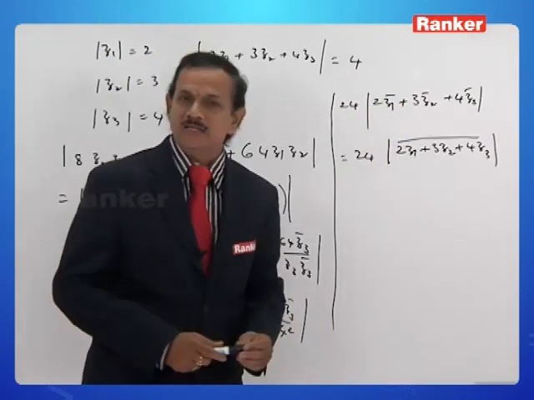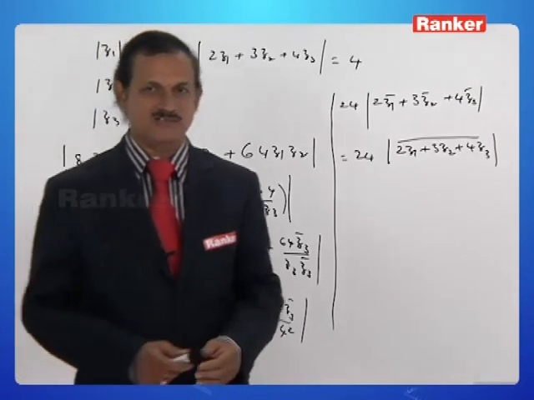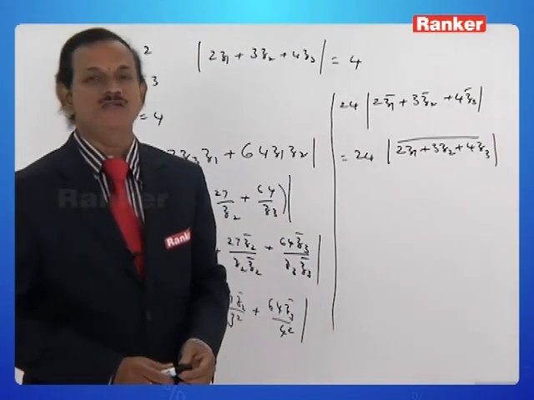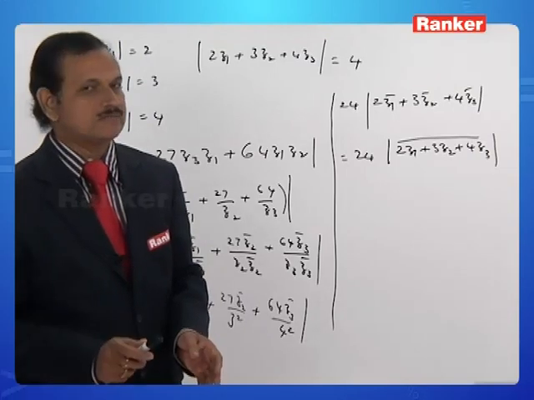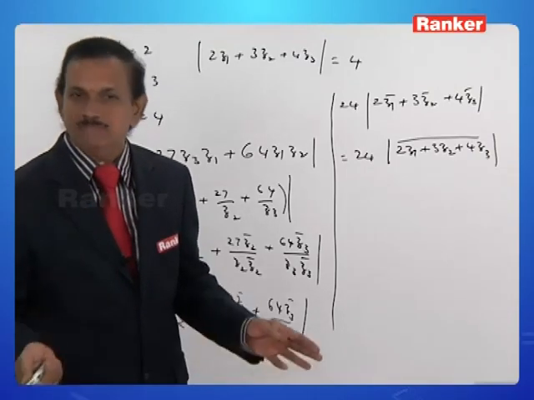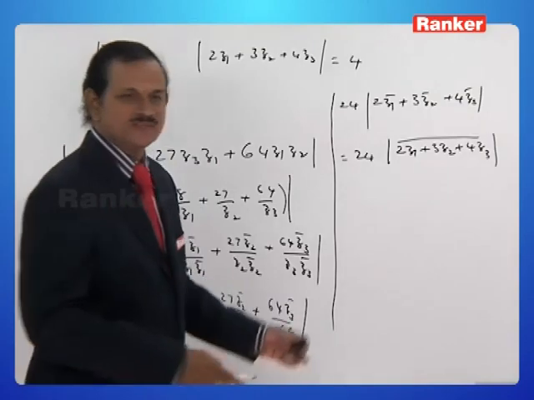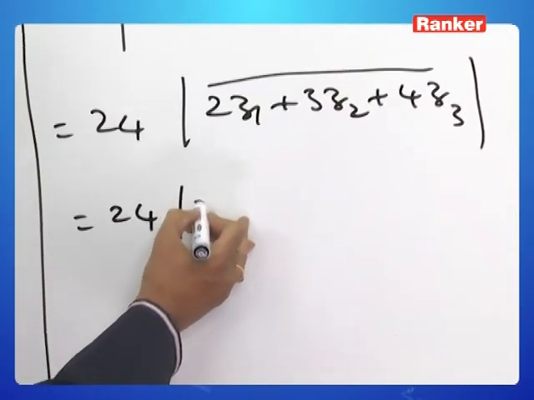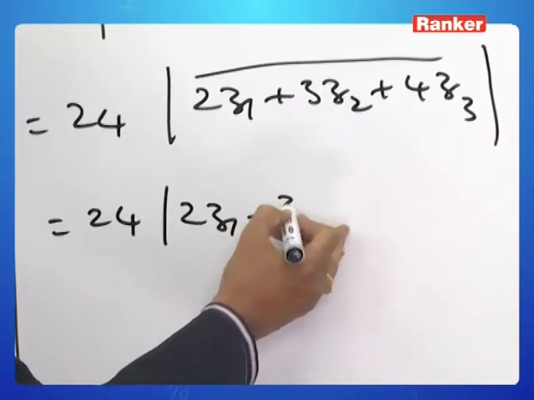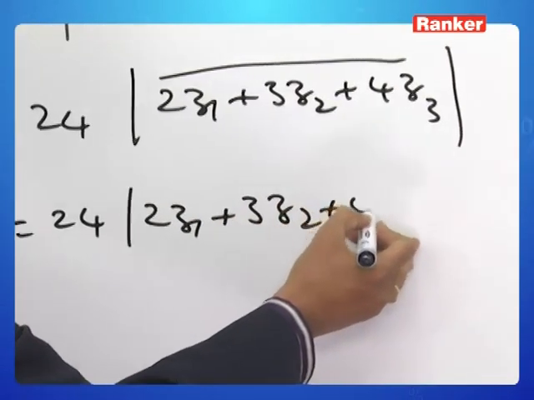Again, another important concept regarding modulus of complex numbers is mod Z is equal to mod Z bar. That is, a complex number and its conjugate have the same absolute value. Based on that, this can be taken as 24 into modulus of 2Z1 plus 3Z2 plus 4Z3.